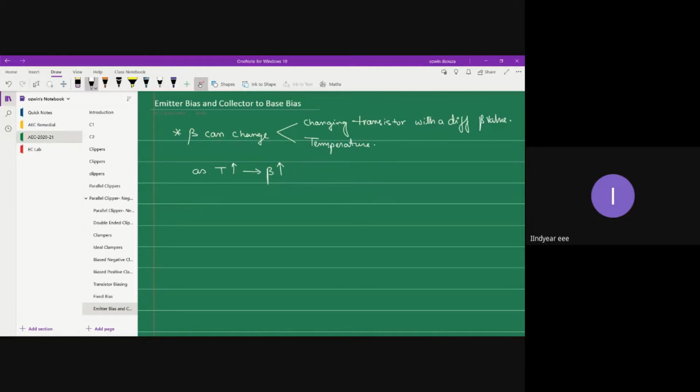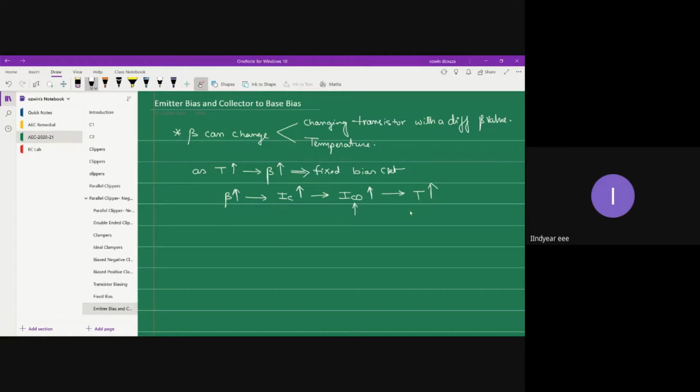Now for a fixed bias circuit, the other day you had observed that as beta starts increasing, collector current starts increasing. When collector current increases, there is something known as collector leakage current, which is called ICO. ICO is nothing but the leakage current. The leakage current increases, and the leakage current can once again increase the temperature.